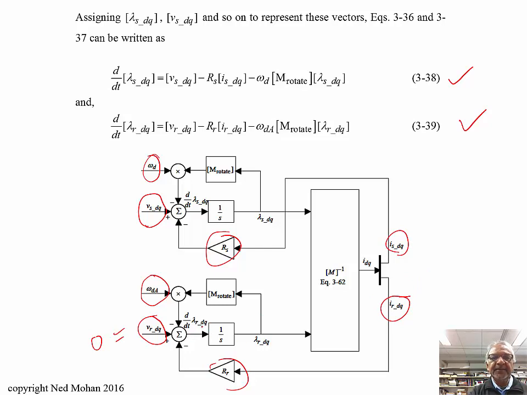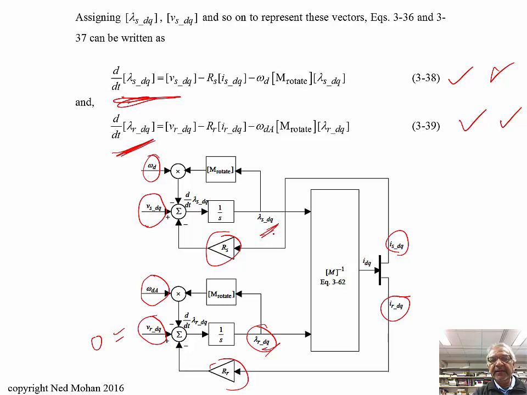You sum them up to get these derivative terms from the two equations, and then you integrate that and you get the flux linkage. When you integrate this, you get lambda r dq, and when you integrate this here, you get lambda s dq.